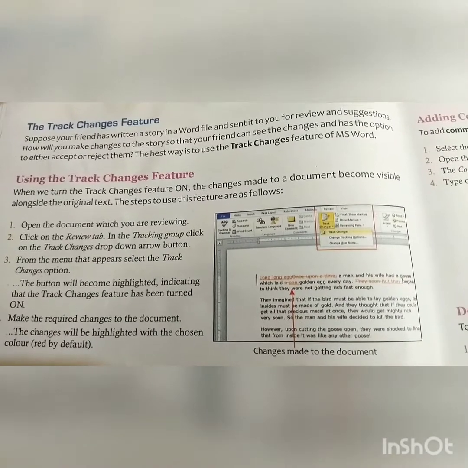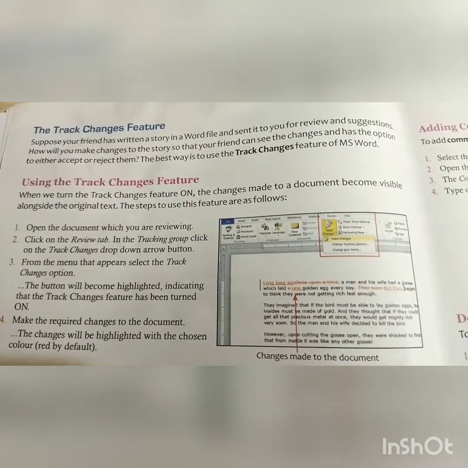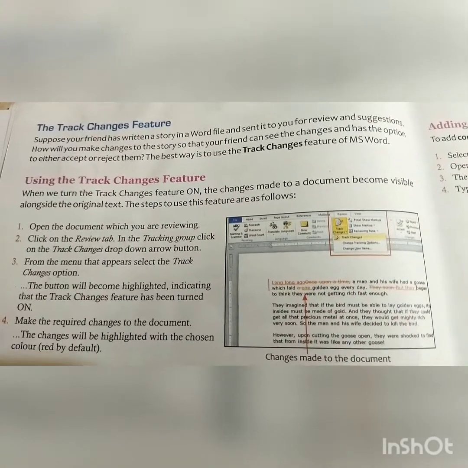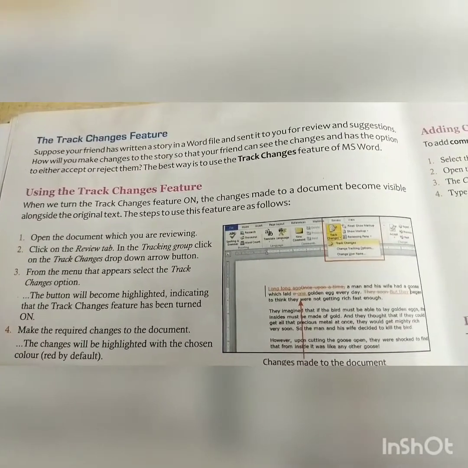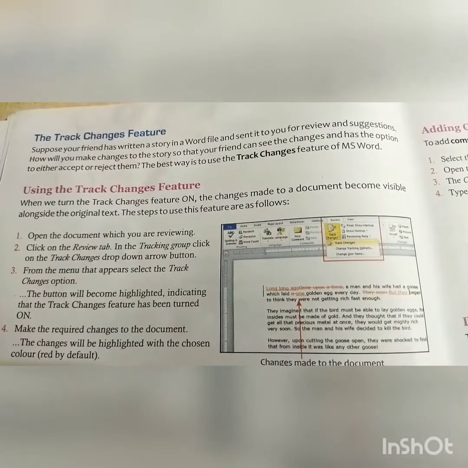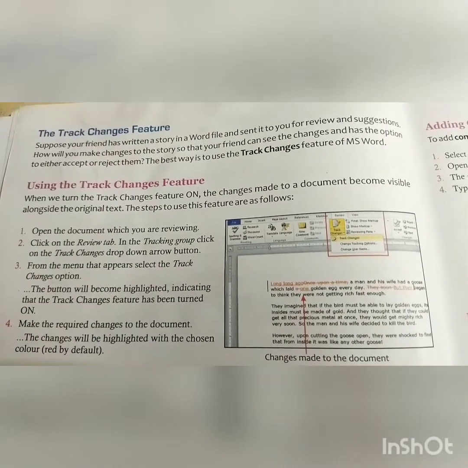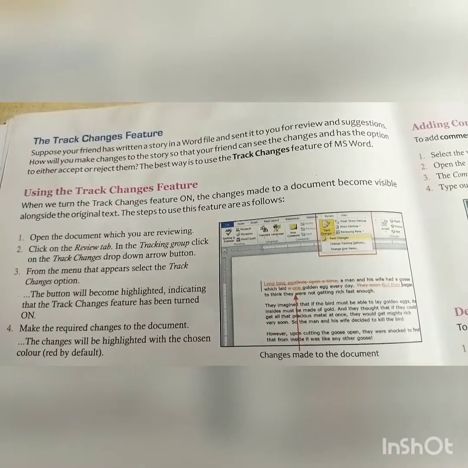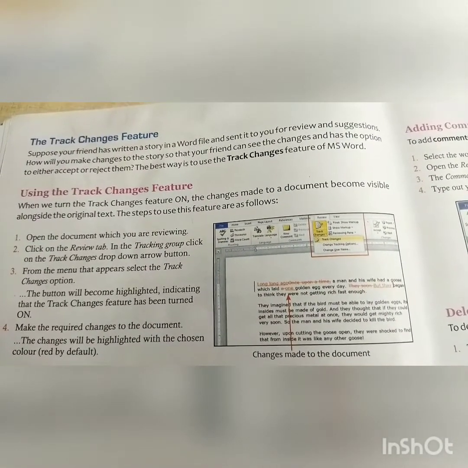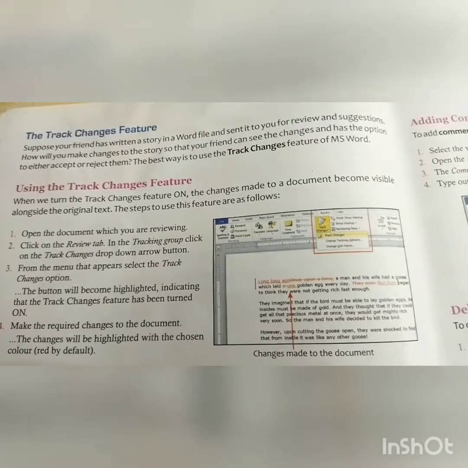In the Tracking group, click on the Track Changes drop-down arrow button. From the menu that appears, select the Track Changes option. Then the button will become highlighted, indicating that the track changes feature has been turned on. Last, make the required changes to the document. The changes will be highlighted with the chosen color, red by default.